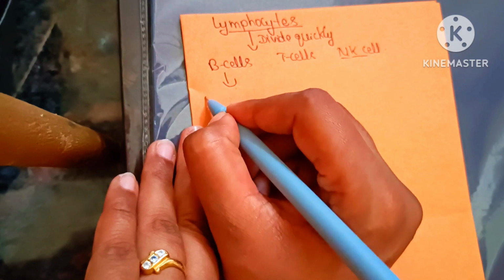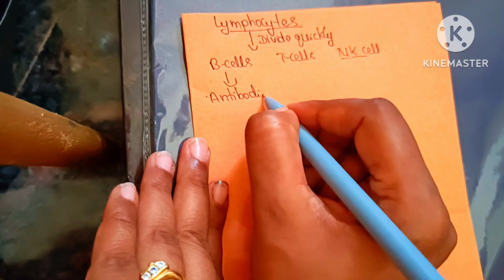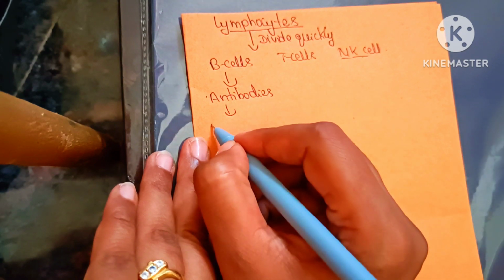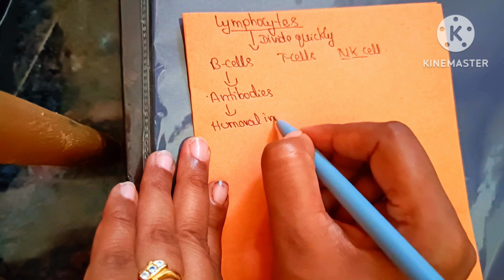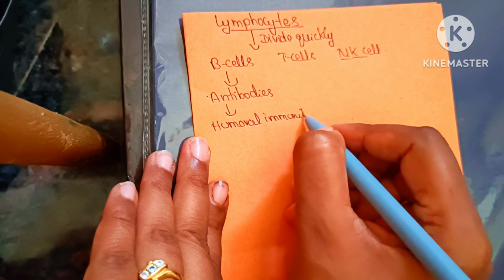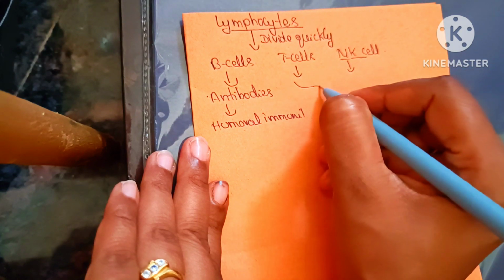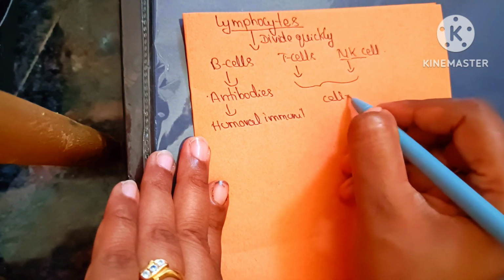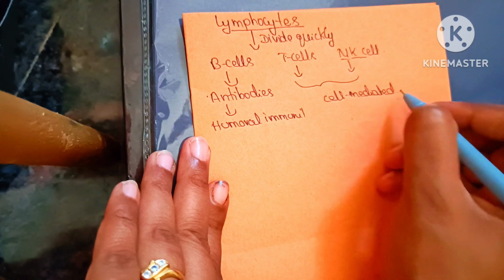B lymphocytes will produce antibodies, and these antibodies will bring about humoral immunity. T cells and natural killer cells will bring about cell-mediated immunity.